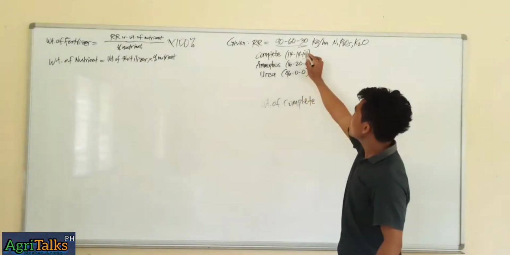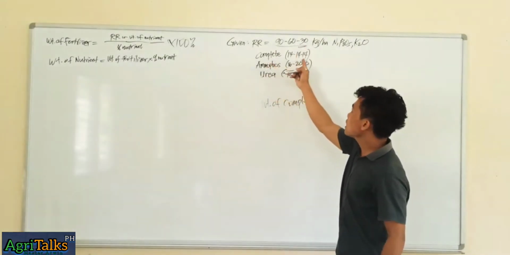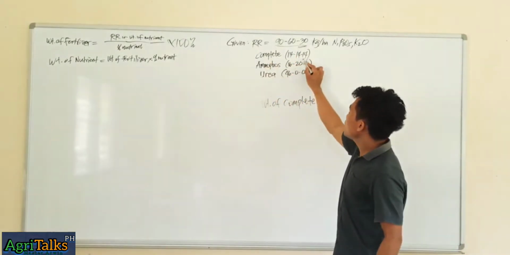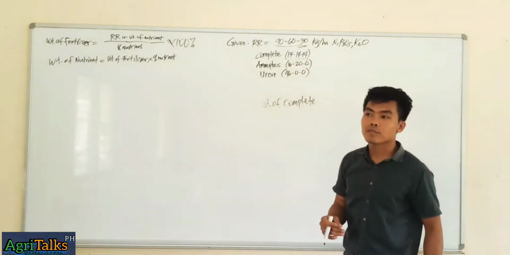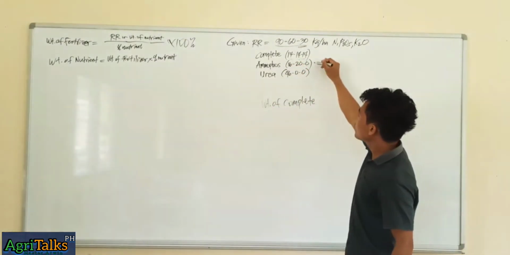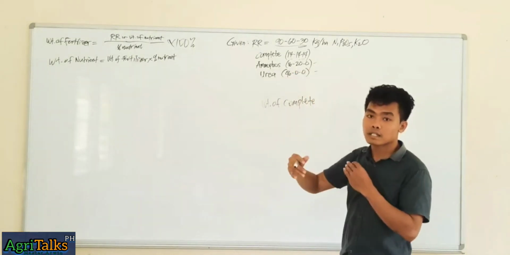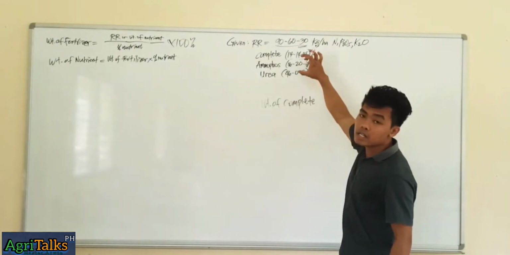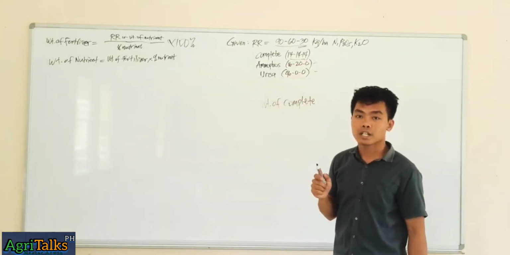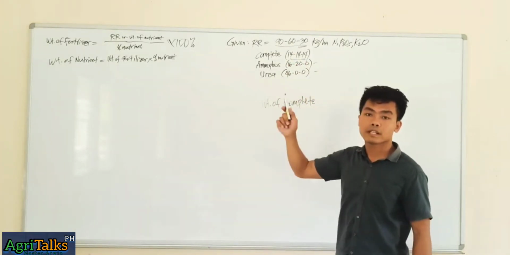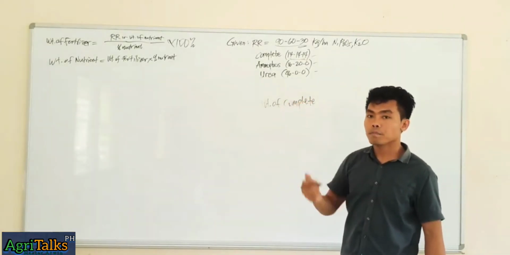Say for example, we will use the 30, in this case the potassium. And if we use the complete, we are not only applying potassium, we are also applying phosphorus and nitrogen. And then we will adjust the other fertilizers. Because if you apply this first, you cannot adjust anymore since this is a complete fertilizer. It is a combination of different nutrients. So first, you should use the complete fertilizer.